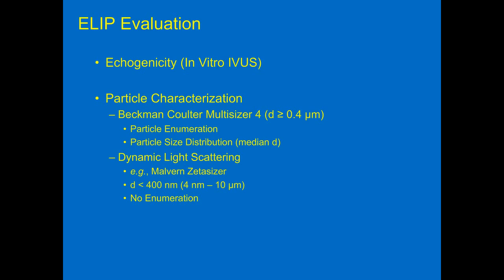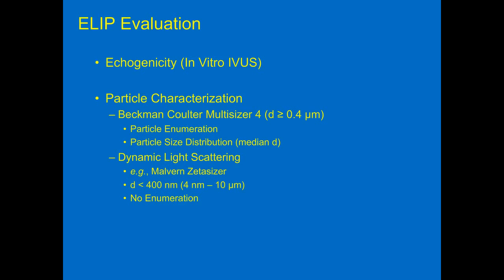And then we get into the particle characterization. We use the Beckman-Coulter Multisizer 4 to evaluate our liposome population that's larger than 0.4 micron equivalent spherical diameter. The important thing about the Multisizer is that it counts the particles.